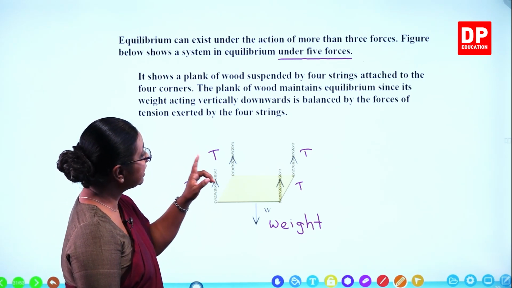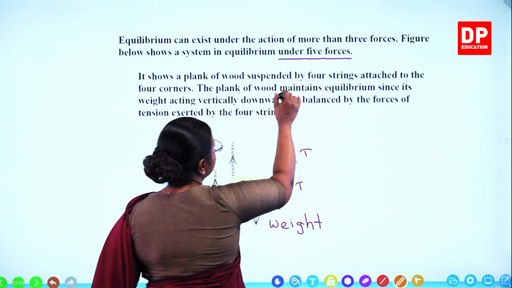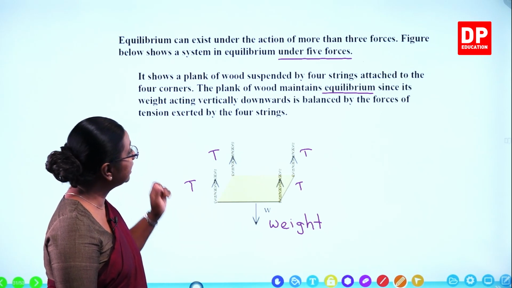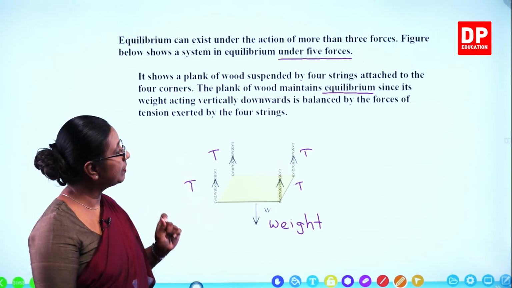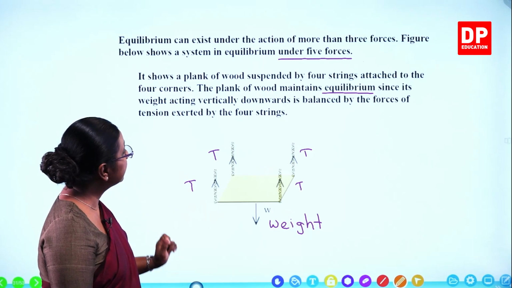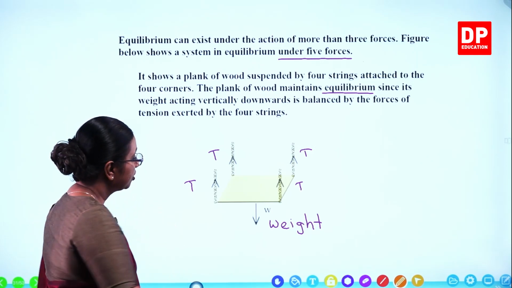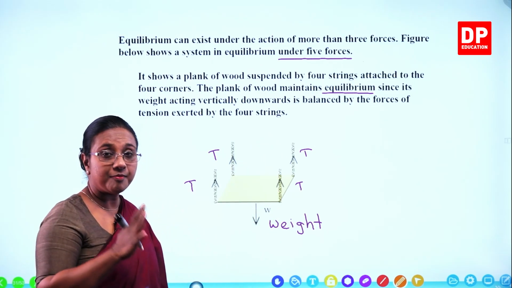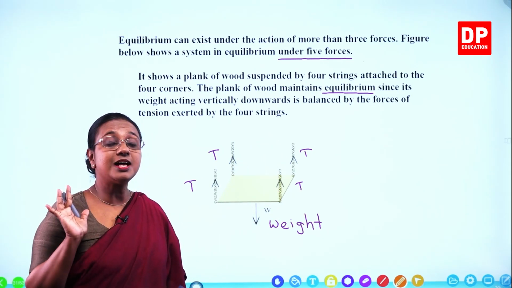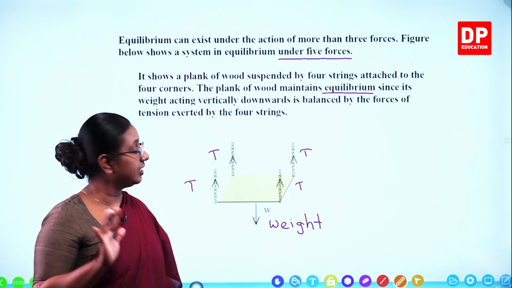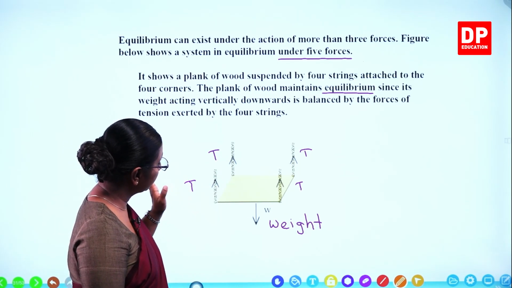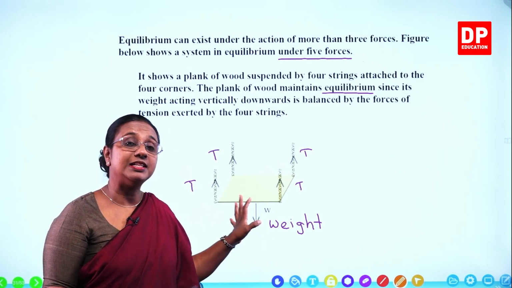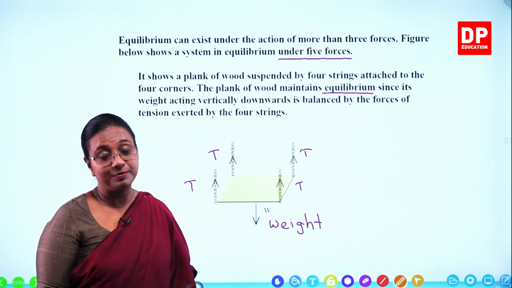The plank of wood maintains equilibrium since its weight acting vertically downwards is balanced by the forces of tension exerted by the 4 strings. So the weight is downwards, all the tension is upwards. If you take the resultant of all the 4 tensions acting along the 4 ropes or the strings, they will balance the weight. So because of that, the system will be in equilibrium.